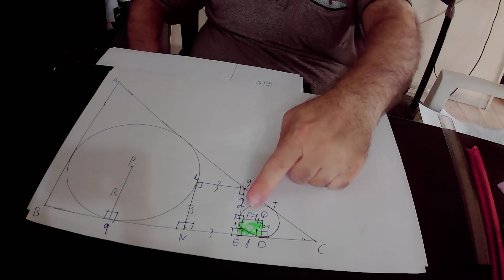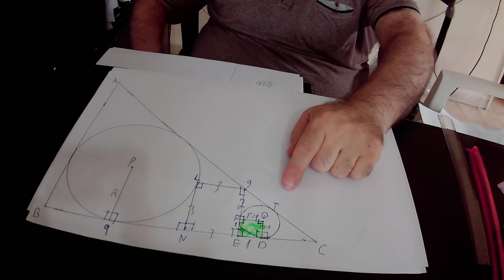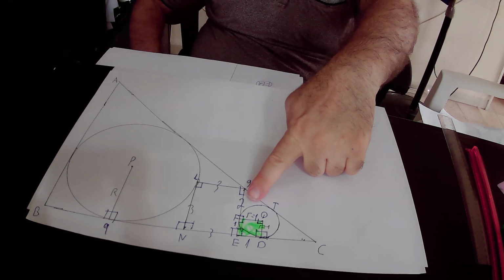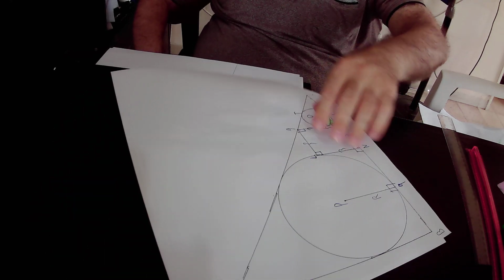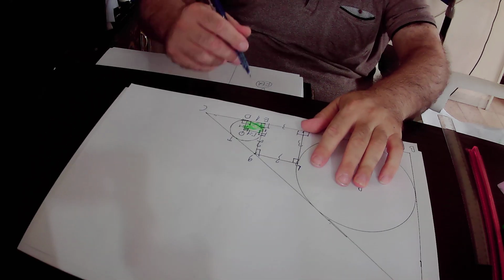That is to say, GF is equal to GT, but GF equals 2, therefore GT must also be equal to 2.